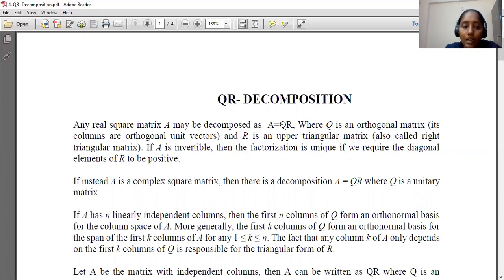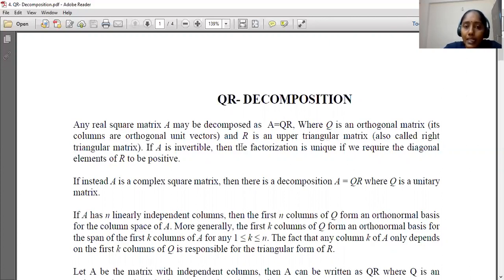Each linearly independent vector is converted into an orthogonal matrix Q. Each vector is a unit vector, which is nothing but an orthonormal vector of A. Now how to reduce? That we already discussed in the previous videos, by using Gram-Schmidt orthonormalization. So once again we are repeating the same procedure.